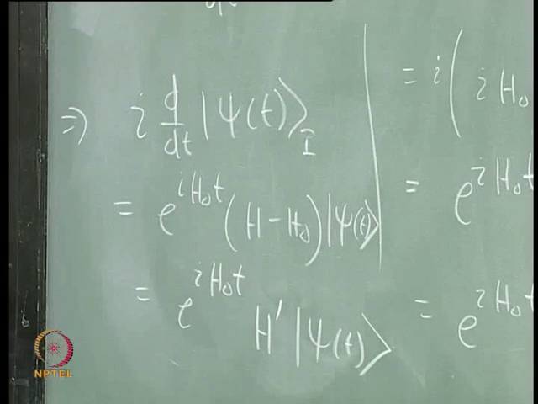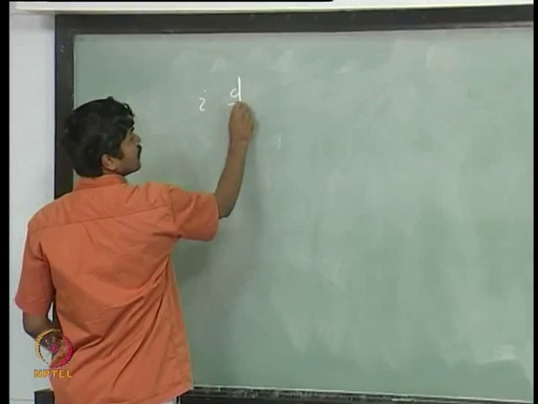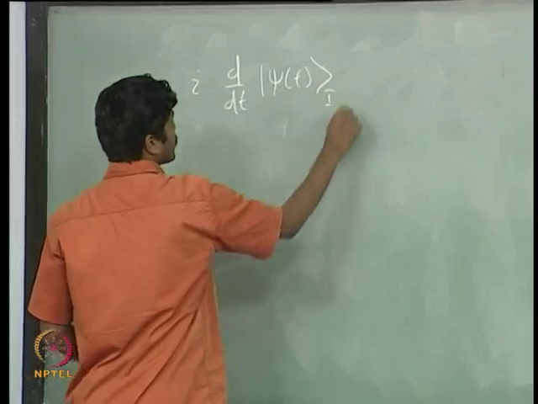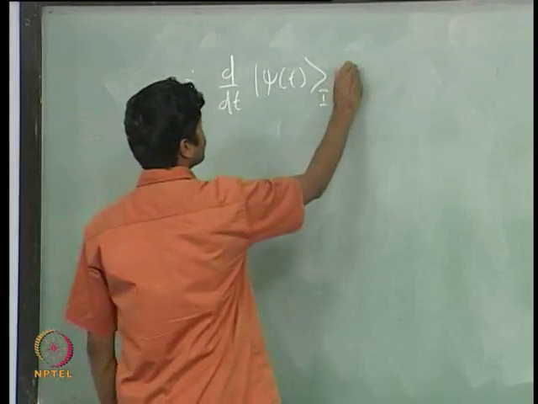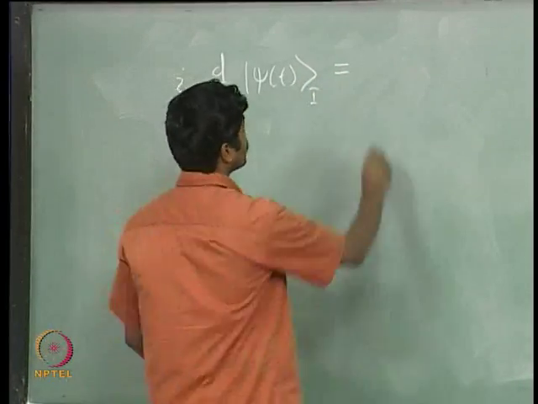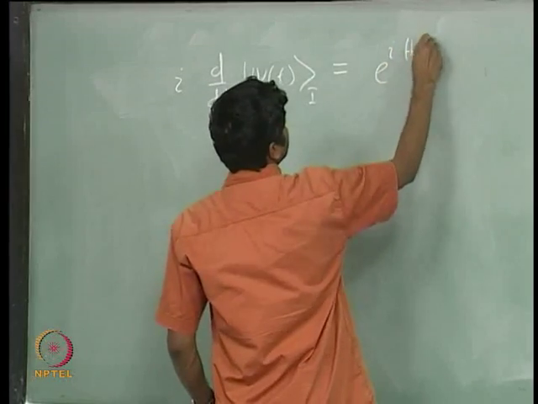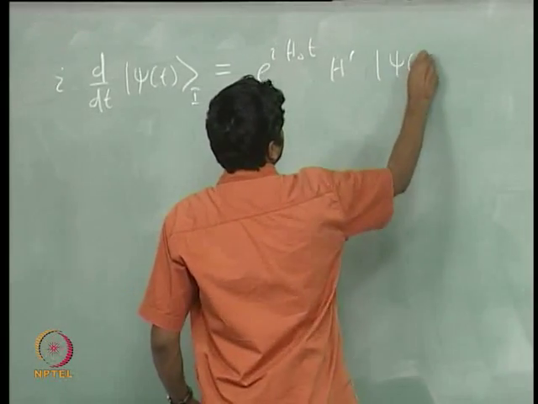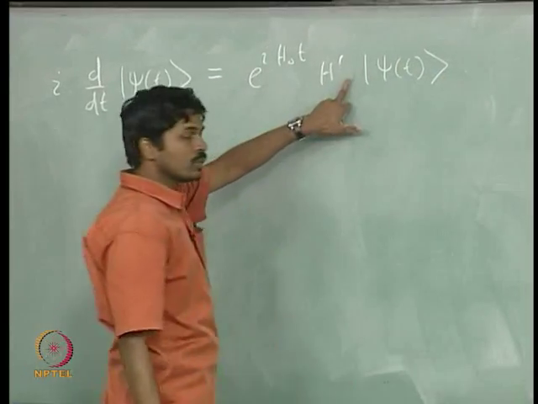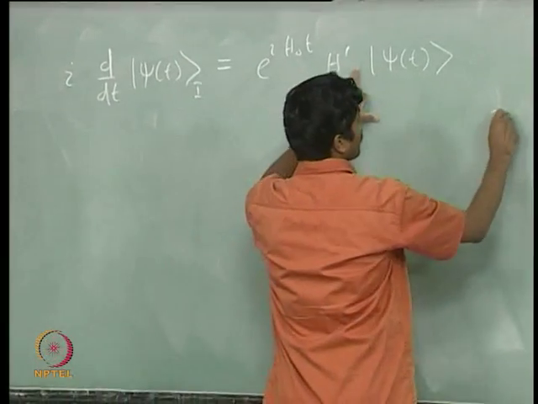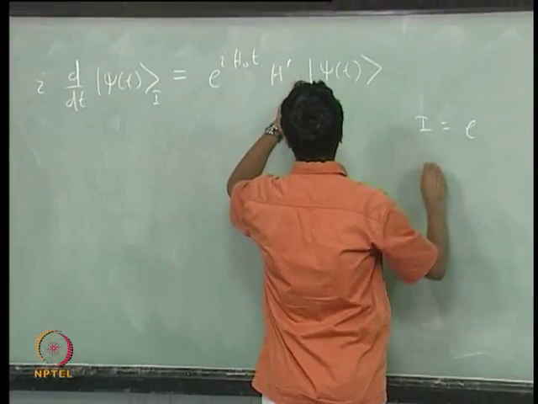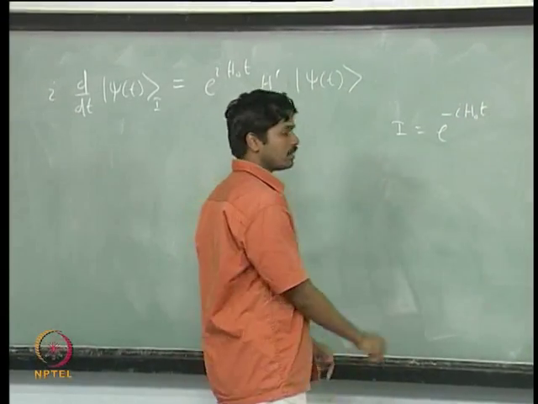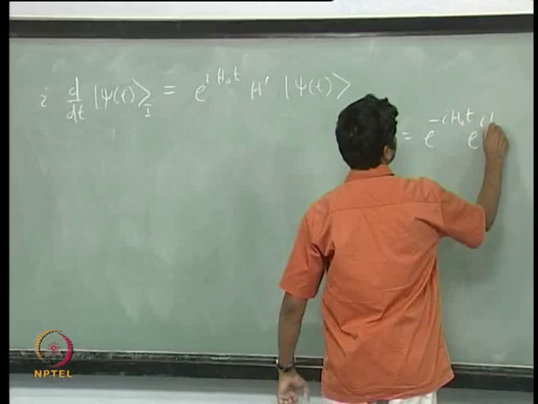So, what we have shown is i d over dt psi t in the interaction picture is given by e to the power i H0 t H prime acting on psi t. Here I will introduce an identity operator, which is basically e to the power minus i H0 t times e to the power i H0 t.